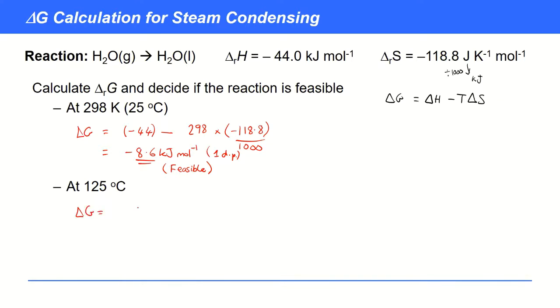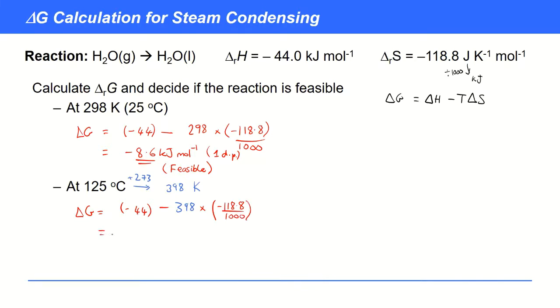Right, let's go on to the second one. Delta G, again very similar, minus 44. This time for the temperature, we've got 125 degrees C as our value. To turn that into Kelvin, we're going to need to add on 273 to give us 398 Kelvin. So we're going to stick 398 Kelvin in there, and again we multiply by exactly the same entropy change, which we're going to divide by 1,000 on the go.